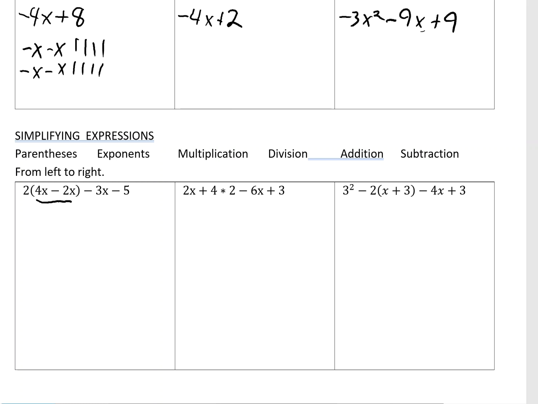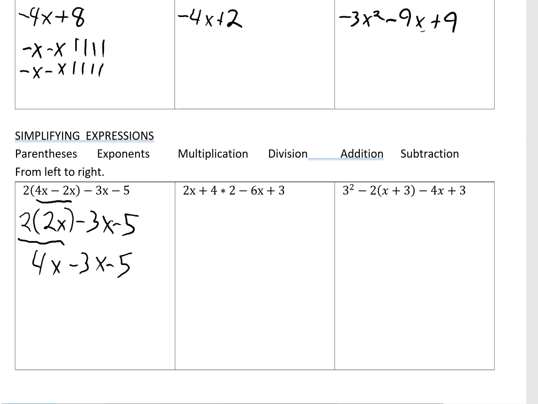And we're going to do what's inside the parentheses. So 2 times 4 minus 2 is 2x. Then we're going to do any multiplies from left to right. So there's 1. So we have 4x, and just write everything else down.